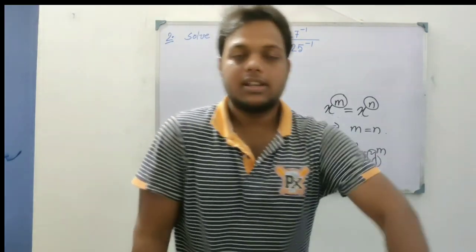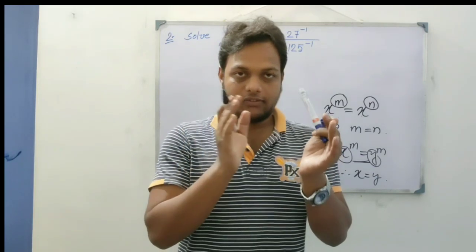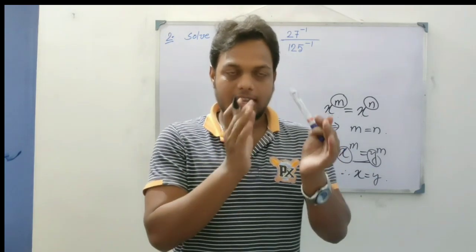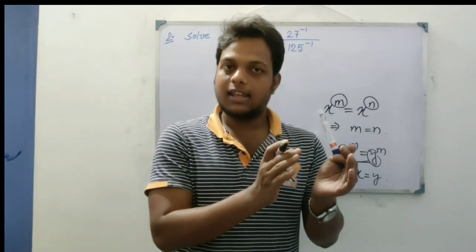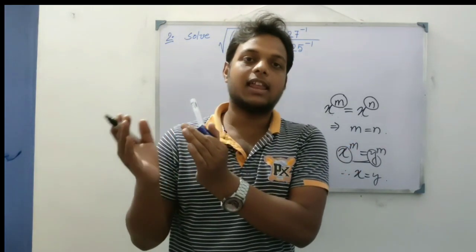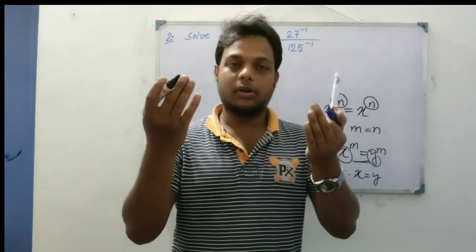So in simple words, if in an equation on the left hand side there is an exponent, and on the right hand side there is another exponent, and they have the same base, then we can conclude their power is the same.